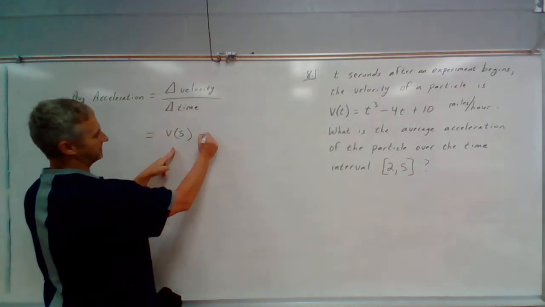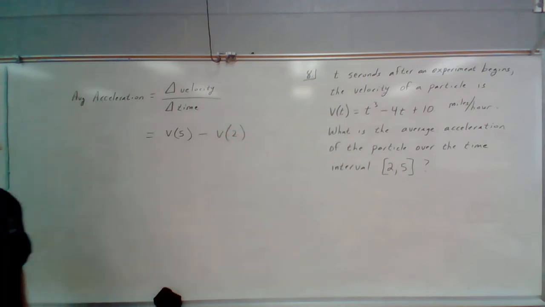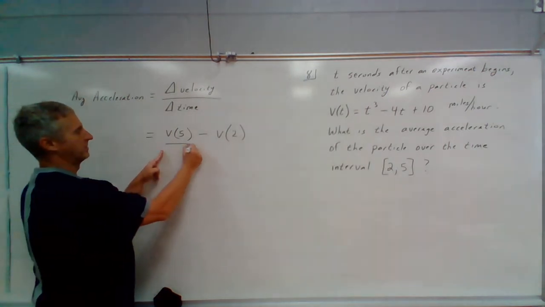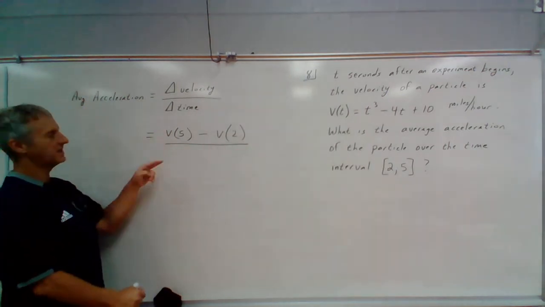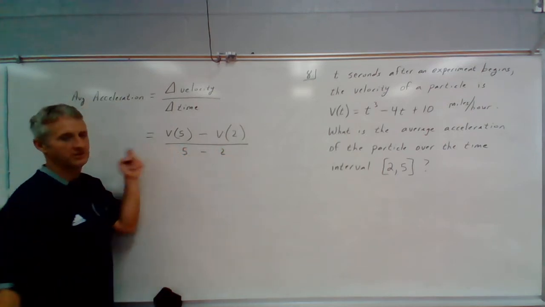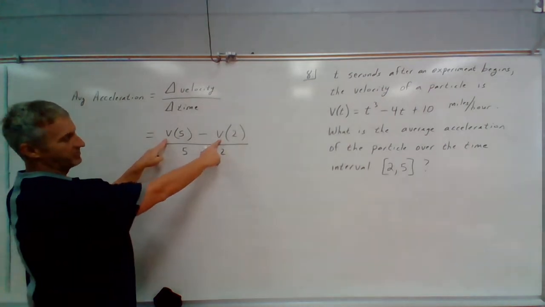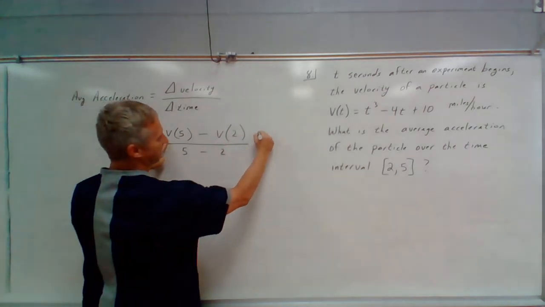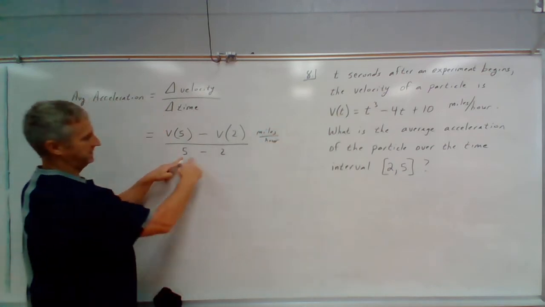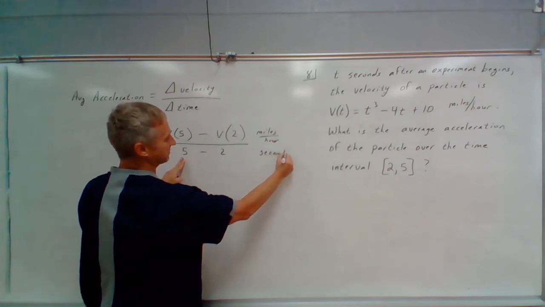I'm going to subtract how fast the particle is going at 2 seconds. That'll tell me the change in velocity over the change in time. So that'll be 5 minus 2. When doing a word problem, you always need to keep the units in there. Up here, velocity is measured in miles per hour. Down here, time is measured in seconds.